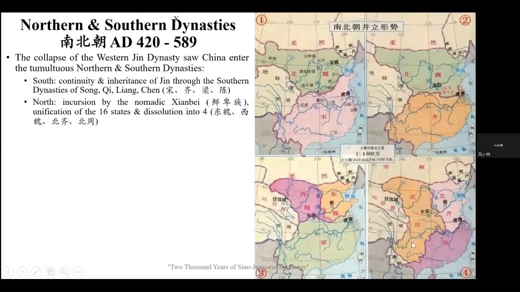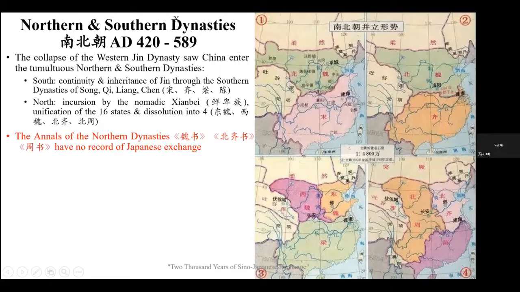These 4 areas in southern China still maintained Chinese rule, but on the north side, they were invaded by the nomadic tribes over here in Beiwei, and then subsequently divided into Xiwei and Dongwei, as well as Beizhou, right? When we look at the history, because the Chinese are very historical people, whenever we set up and change dynasties, we always have historians making records.